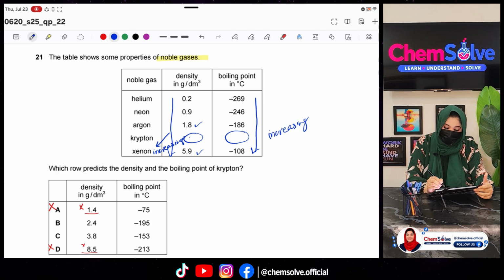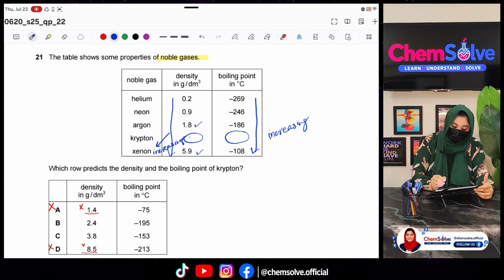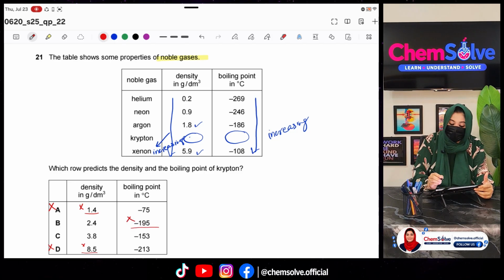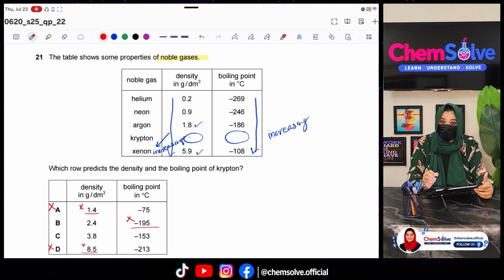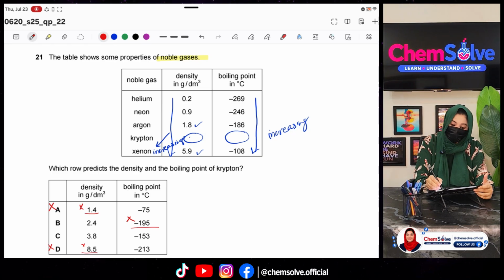Now look at the option B. It has minus 195. So this couldn't be the option. We need something in between minus 186 and minus 108. That is exactly minus 153. So that's how the correct option is C.